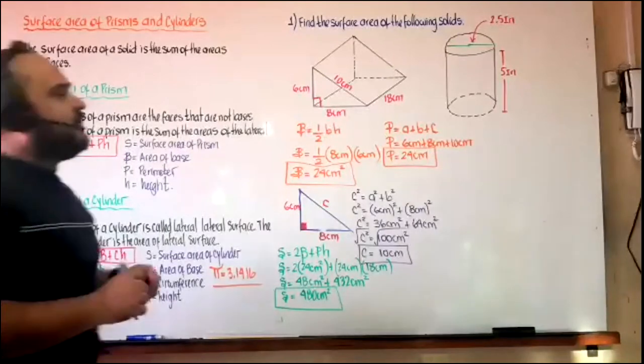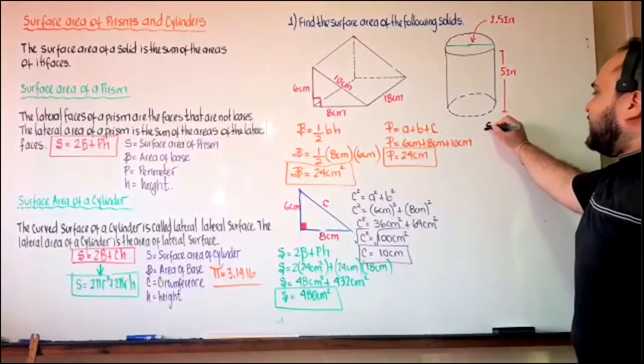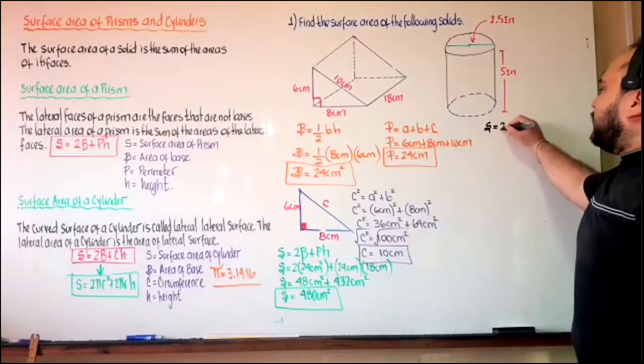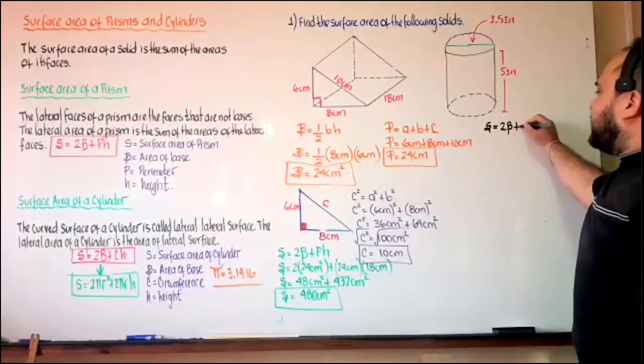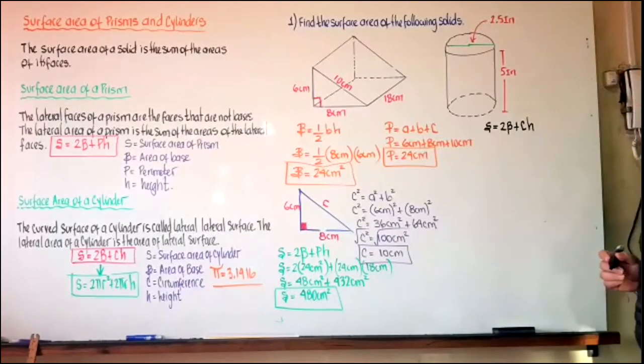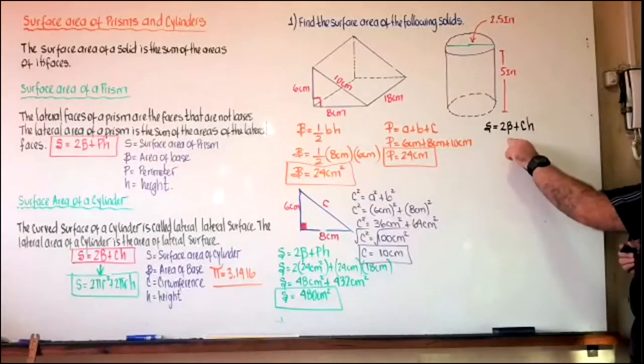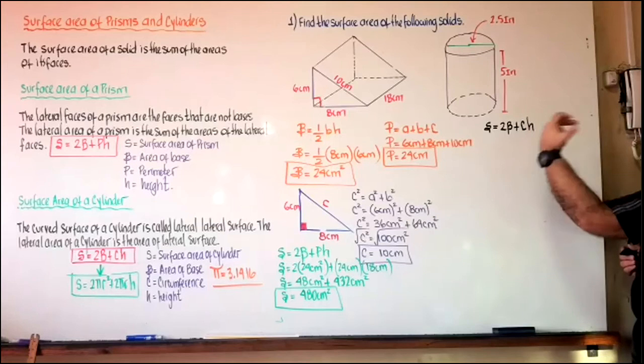Just to explain, remember the formula is given by S equals twice beta plus circumference times height. This is the original formula, but if you don't want to use that form, we can replace it at once.